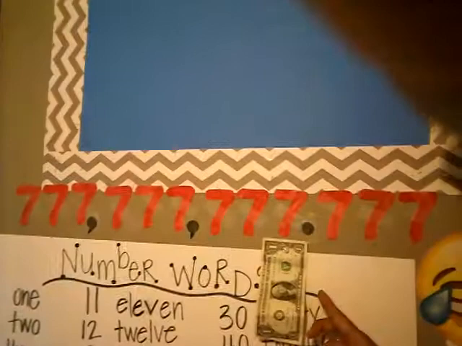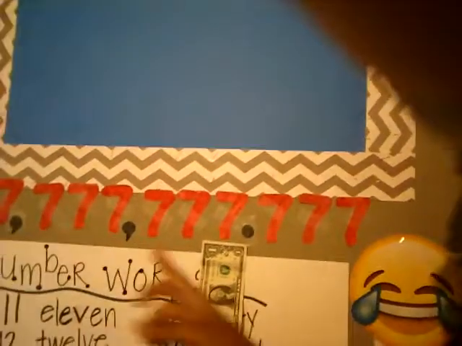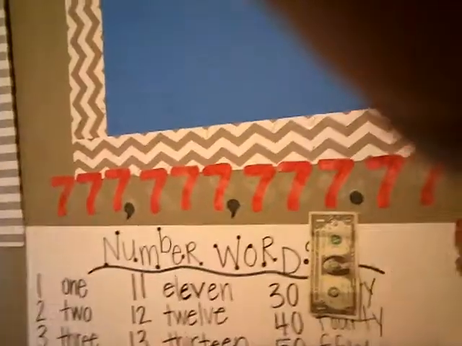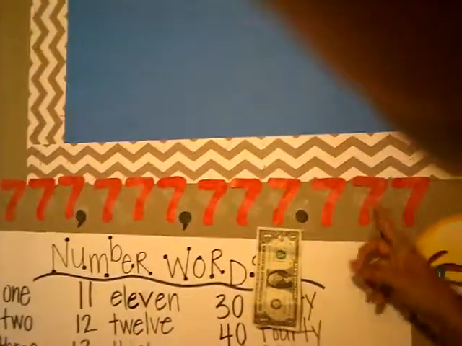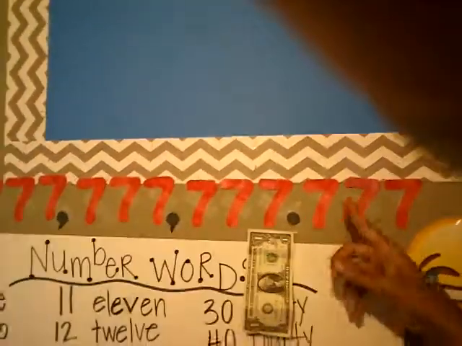Oh, I used all 7s for this number on this wall. I did that intentionally because although all of these digits are 7, the value of each one is different because of the place that it's in. And I really wanted them to grasp that. And I don't think they would have been able to do that if they were all different numbers. So that was the reason for that.